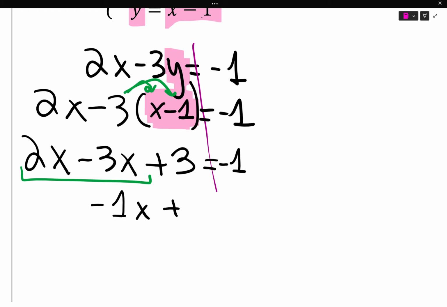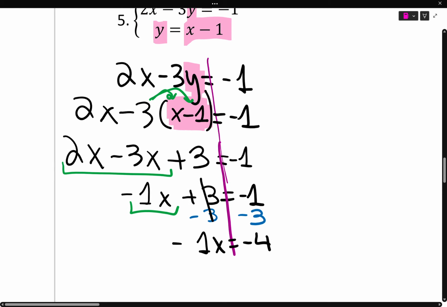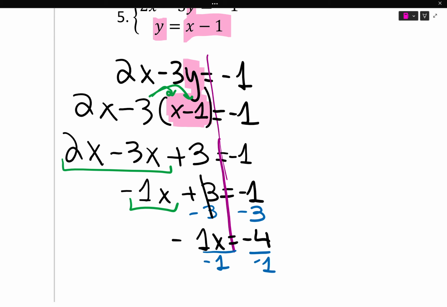And the plus 3 and minus 1 just come along for the ride. Next, let's subtract 3 from both sides. And of course, let's finish up by dividing both sides by negative 1. So I get that x equals positive 4.